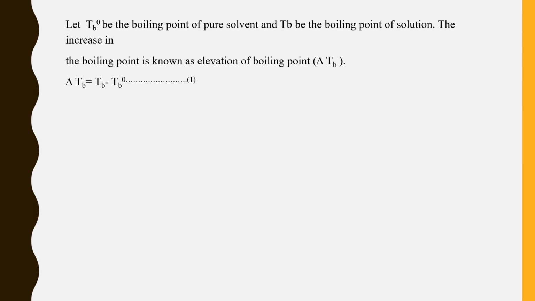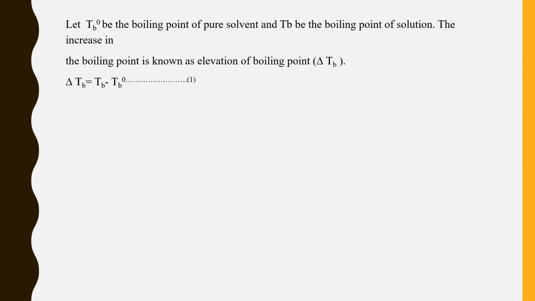As we have already discussed in the graph, the boiling point of solution has higher value because we have provided the temperature to the solution to bring it to atmospheric pressure. So the value of TB is higher as compared to the value of boiling point of pure solvent, that is TB naught. So here delta TB is the difference between the boiling point of solution and the boiling point of solvent.